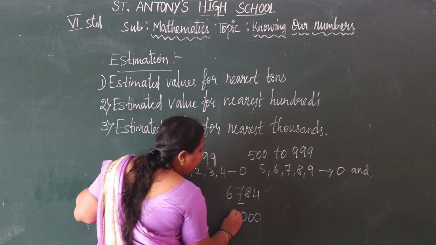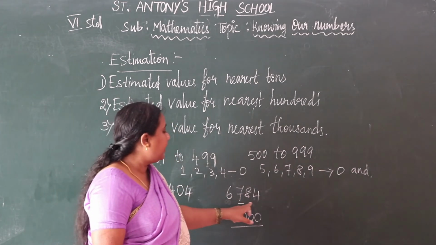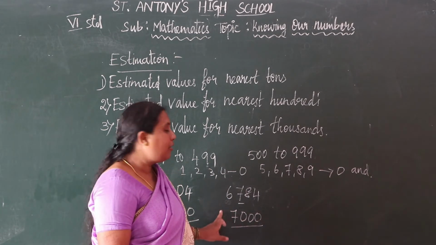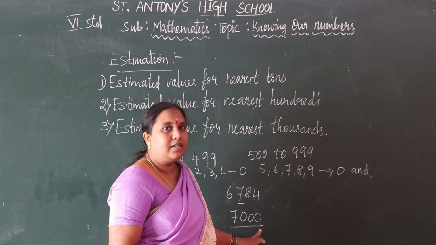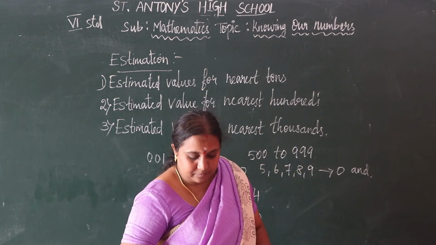So 6 plus 1 is 7. What is the estimated value of 6784? That is 7000. Understood children?